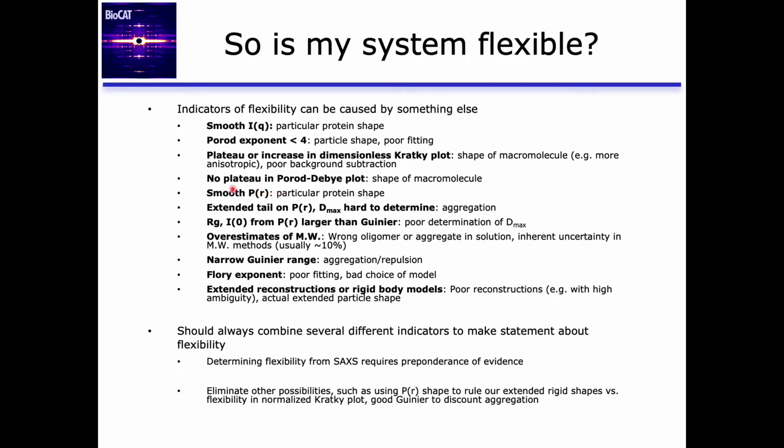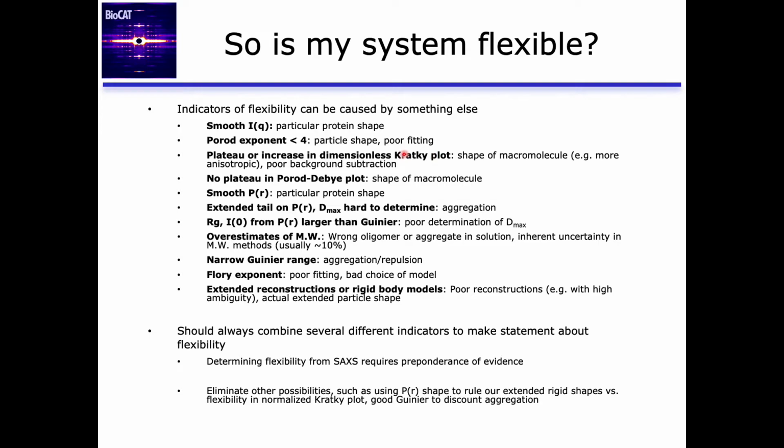Particularly for globular systems, the P of R function is extremely smooth. The Porod exponent being less than 4, or the plateau or increase in the dimensionless Kratky plot, or the lack of plateau in a Porod-Debye plot, comes out of the particle shape potential instead of flexibility, right, just being more anisotropic.